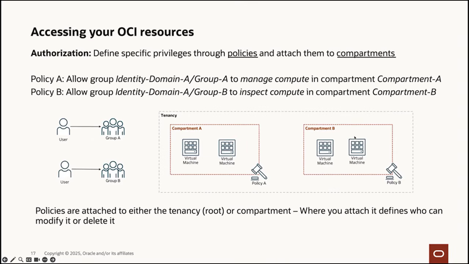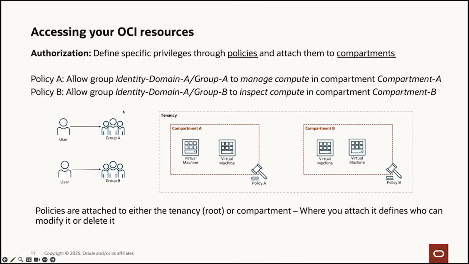So these policies and these compartments are hierarchical, right? You can write policies for your administrator groups at the tenancy level. So essentially at the root compartment level, and that would automatically be inherited to the child compartments within the root level compartment.